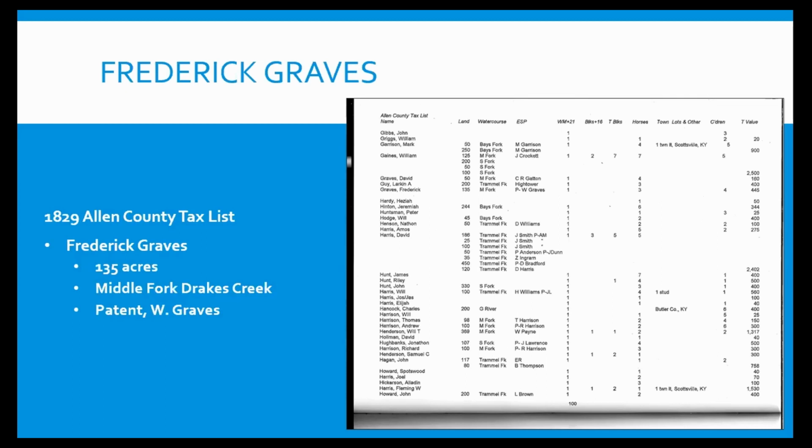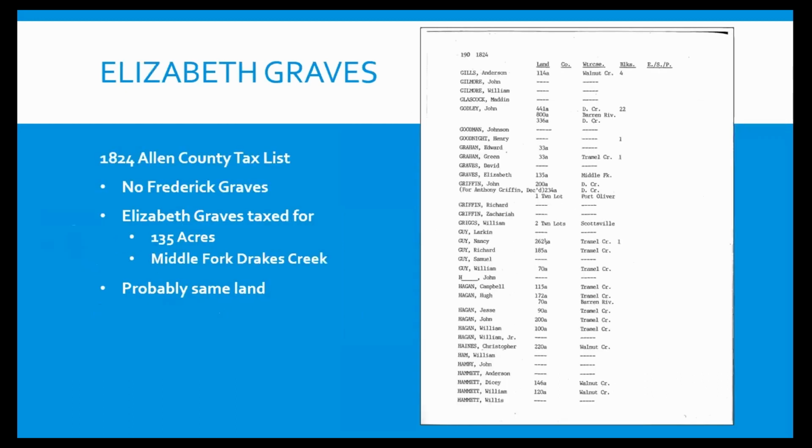But you're following the description of the land. You're also following the location, and the waterway if they're giving one, and the name of the person in the tax records year by year, trying to see when something changes. So we're going back in time now. In 1824, something changes.